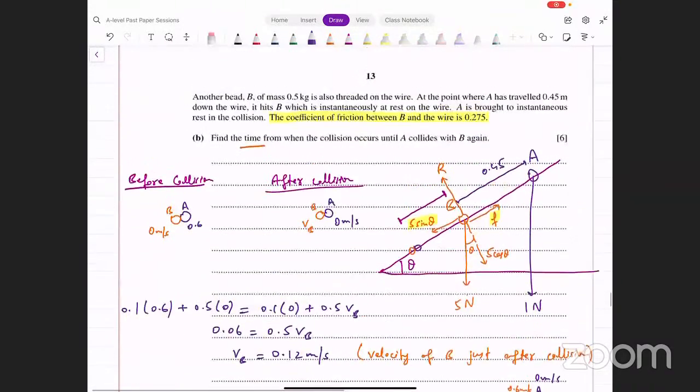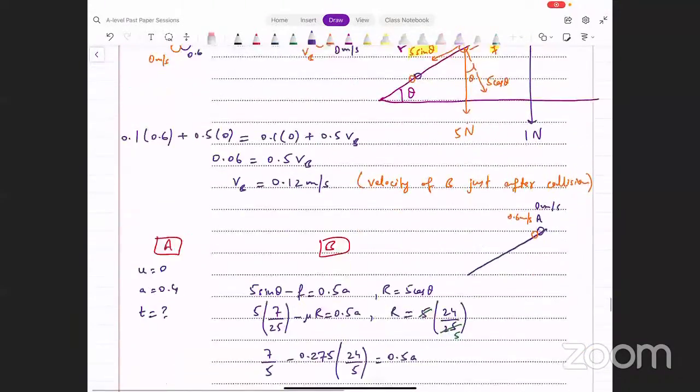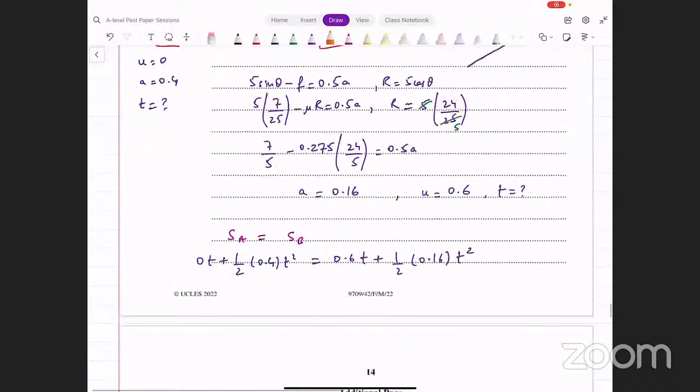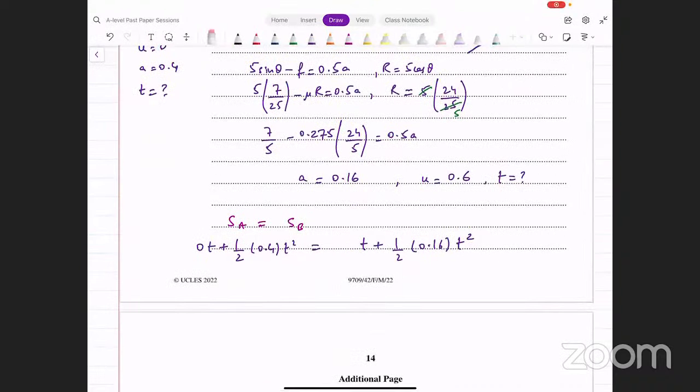So initial velocity of particle B हमारे पास यहाँ पे आ रही थी 0.12. This was actually 0.12. हमारे पास ये velocity थी, हमने ये calculate की थी. This should have been 0.12. Let me change that here. ये होनी चाहिए 0.12.